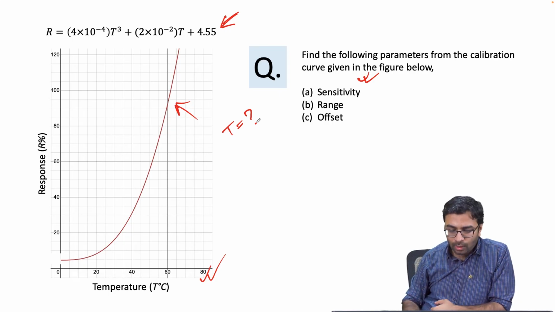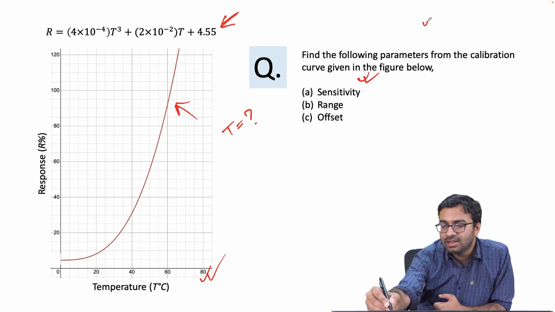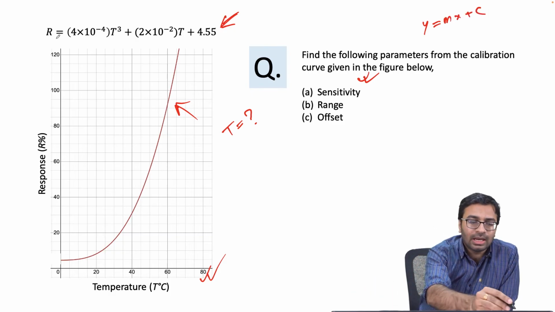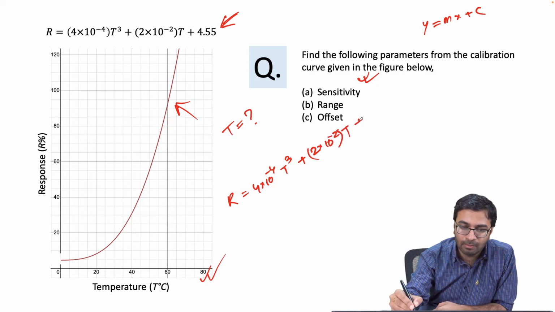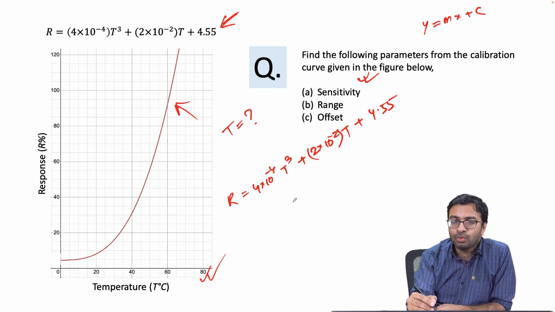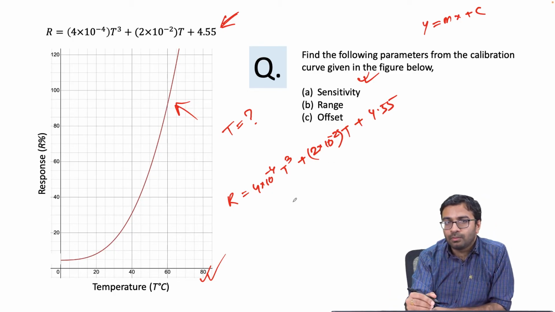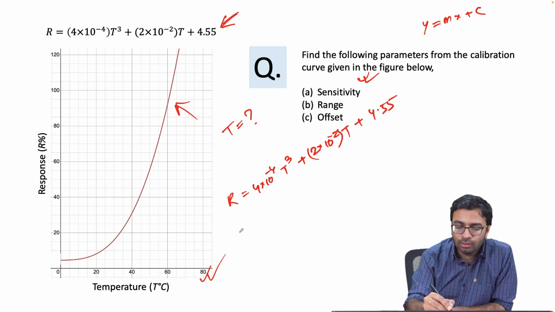Now, for a linear equation, it's very easy. You compare it with y equal to mx plus c. But for an equation like this, where r is equal to 4 into 10 to the power minus 4 t cube plus 2 into 10 to the power minus 2 t plus 4.55, if you want to get the value of slope, what you do?